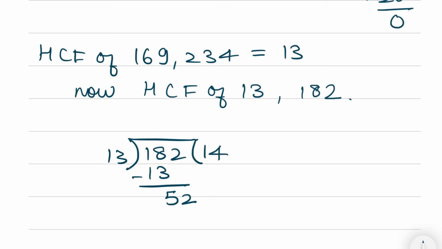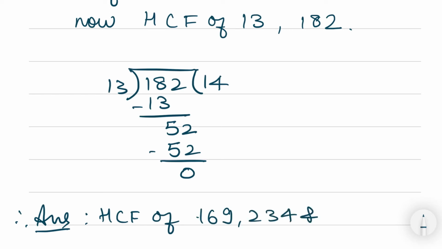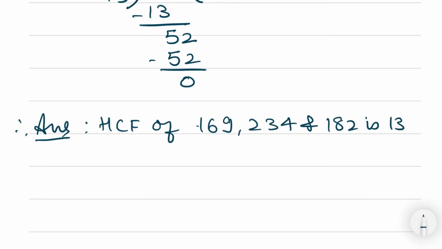So 4 times 13 is 52, subtracting we get 0. So the answer I can write down as: HCF of 169, 234 and 182 is 13.